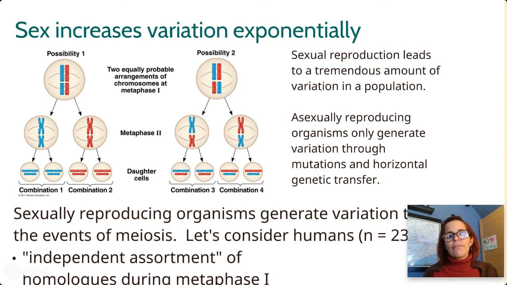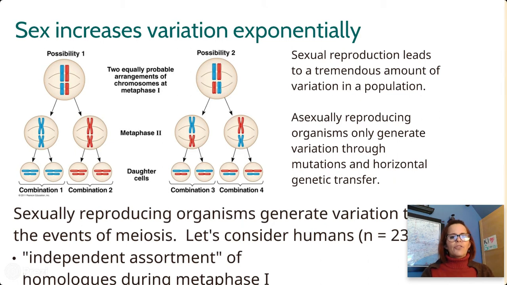Some bacteria have the ability to absorb DNA that's in the environment. So let's say one bacteria dies and its DNA is spewed across the street. Another bacteria can suck up that other bacteria's DNA, and now they have whatever characteristics that bacteria had. Those are examples of horizontal genetic transfer.